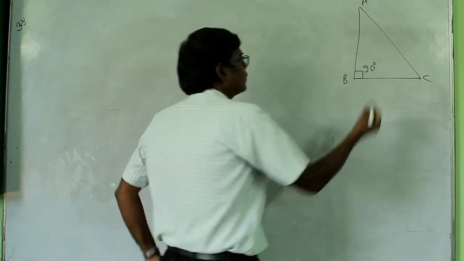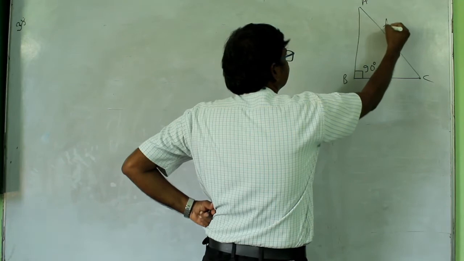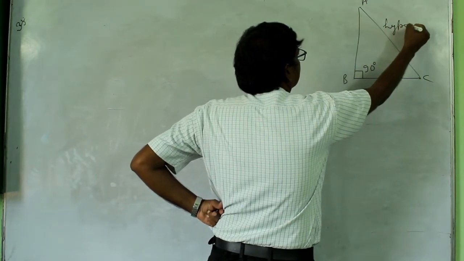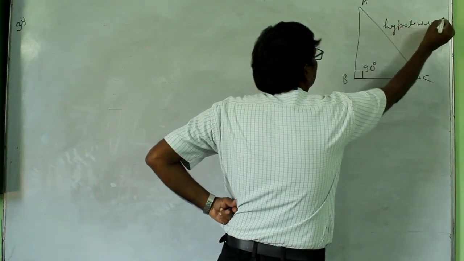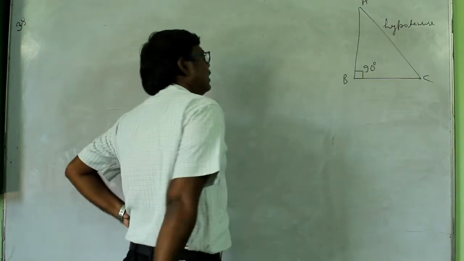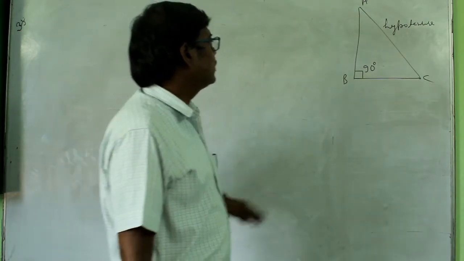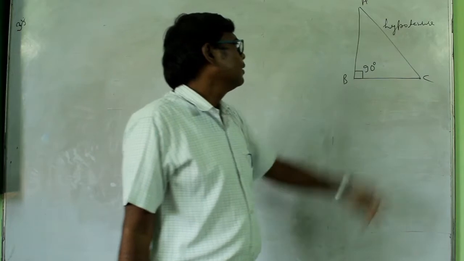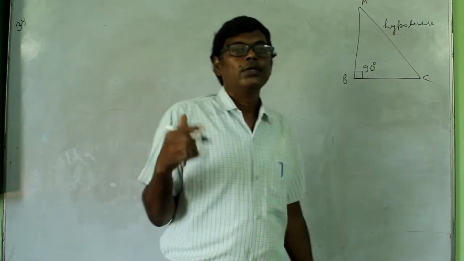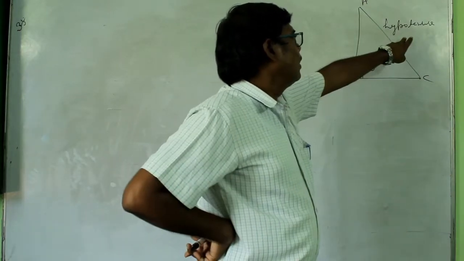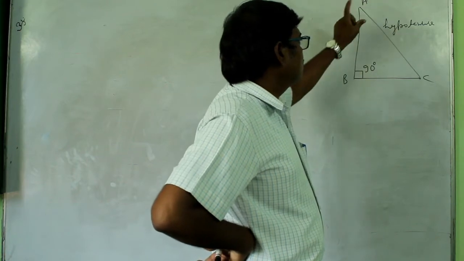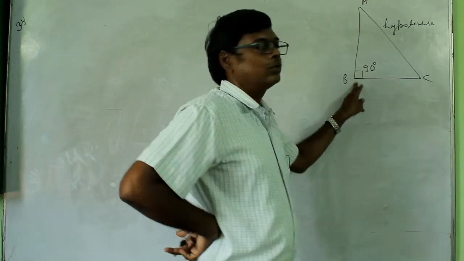So this is actually the hypotenuse here, and in this you can take angle C or angle A. In this case this is the hypotenuse, the side opposite to the right angle.